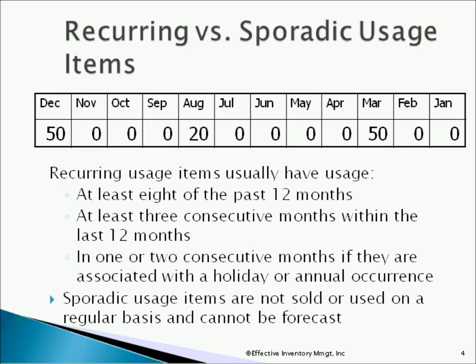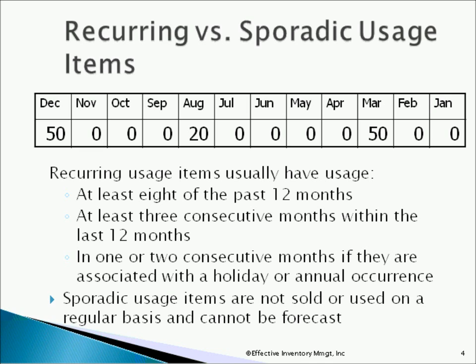Recurring usage items are those that are sold or used on a regular basis. As you can see on this screen, they have had usage or sales in at least 8 of the past 12 months, or they've had usage in 3 consecutive months within the past 12 months. Those are going to be your seasonal items.